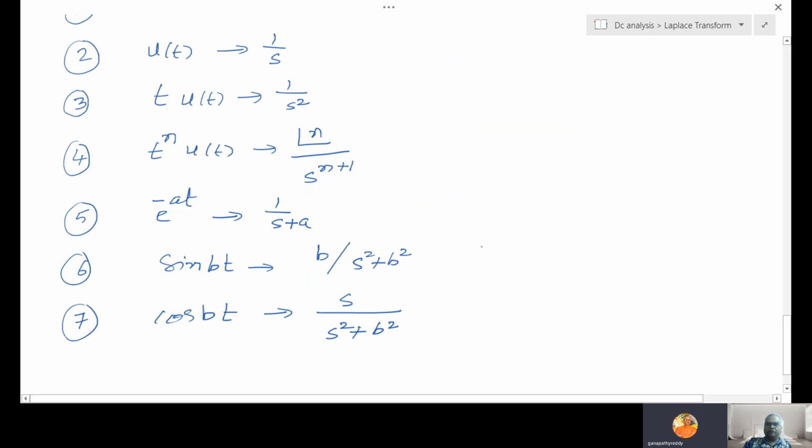If it is a hyperbolic function, sin hyperbolic bt is b by s square minus b square. Cos hyperbolic bt is s by s square minus b square.